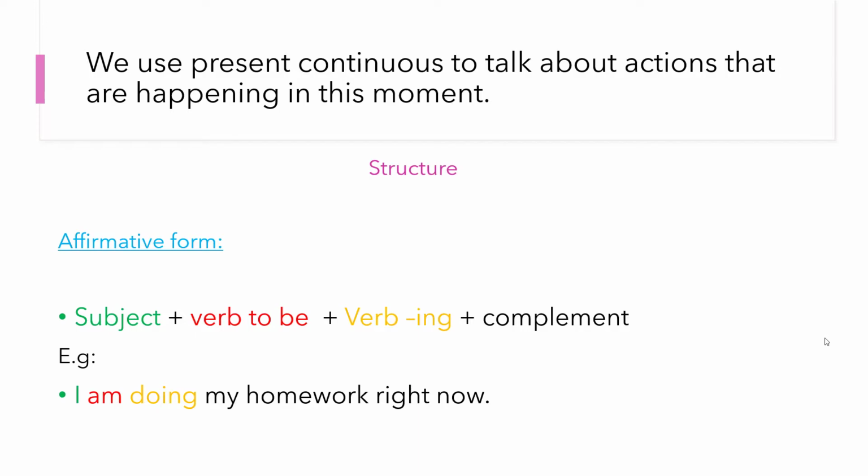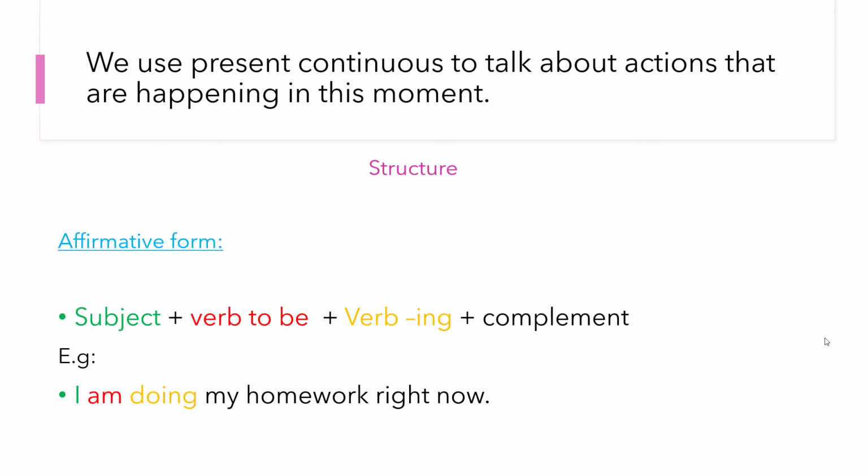We used present simple to talk about habits and routines, things that we usually do, for example, twice a month or 2 times a week, etc. Present continuous is not like that. You are going to use the present continuous to talk about actions that are happening now, right now, in this moment. Not every Monday or twice a year, no, now, okay?